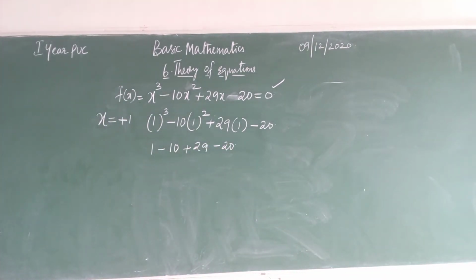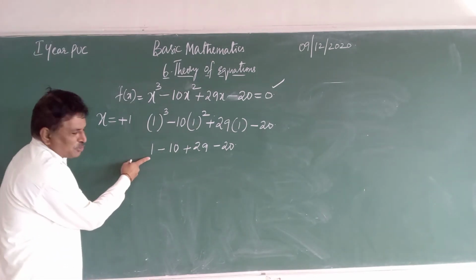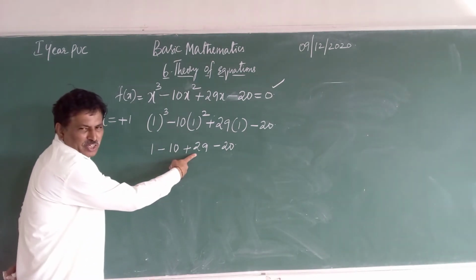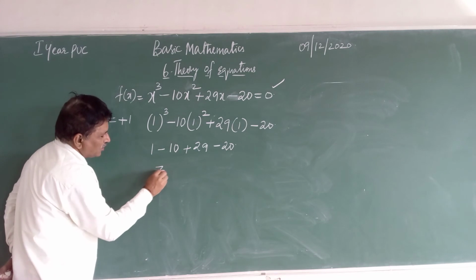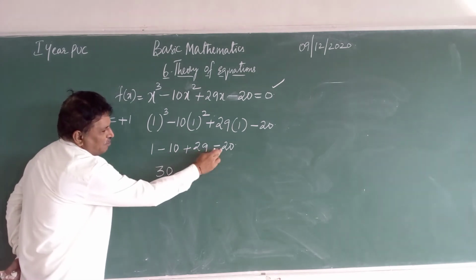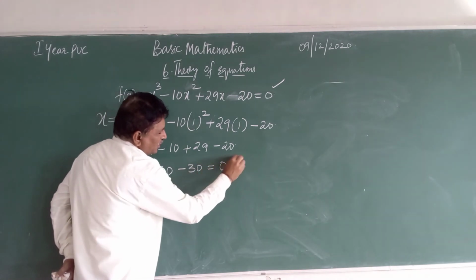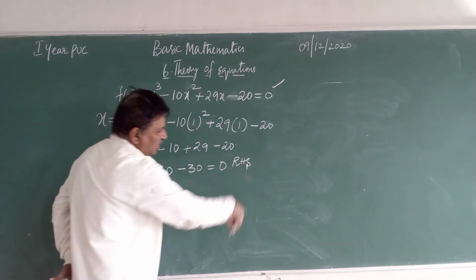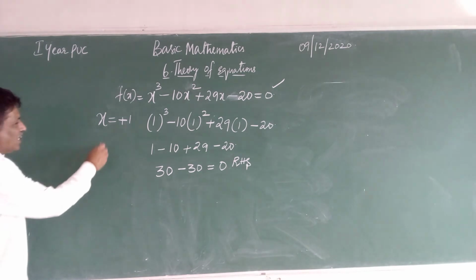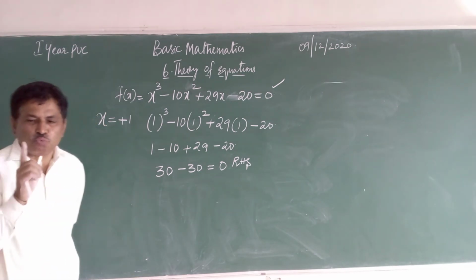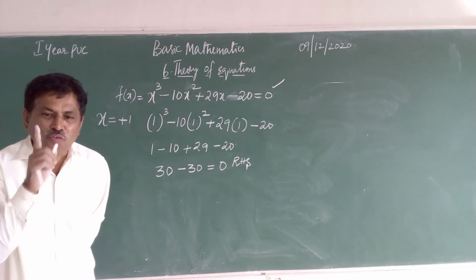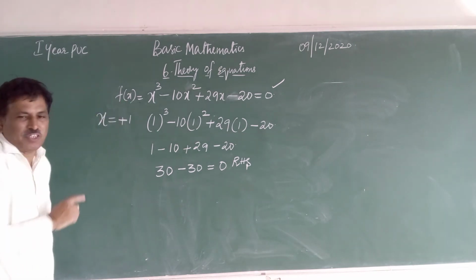This is positive 1, this is positive 29. 29 plus 1, 30. Minus 10, minus 20, minus 30, which is equal to 0. That is the right hand side. So therefore, x is equal to plus 1 is one of the factors of the cubic equation.